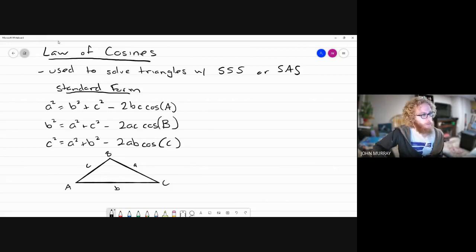So it may not be clear right away, but there is this kind of pattern where if I'm looking for a, then I'm using sides b and c and angle A. If I'm looking for b, I'm using my other sides a and c and angle B. And then for c, same thing. I'm using my other sides a and b, and angle C. Right? So that would be this side angle side part.